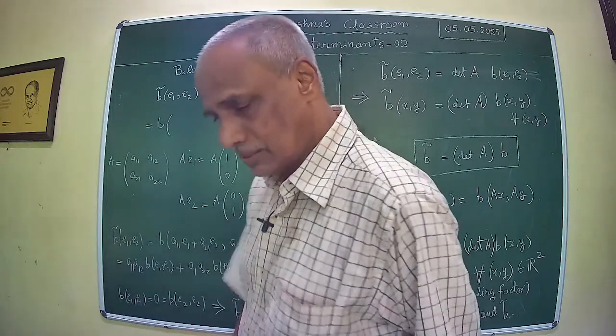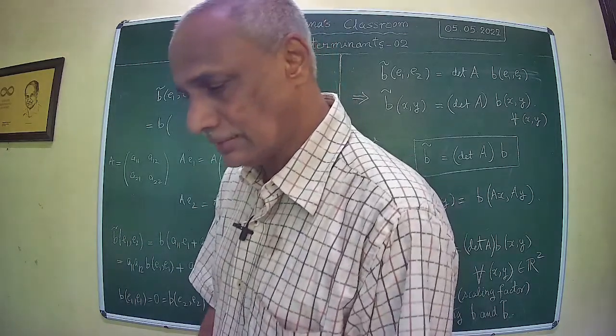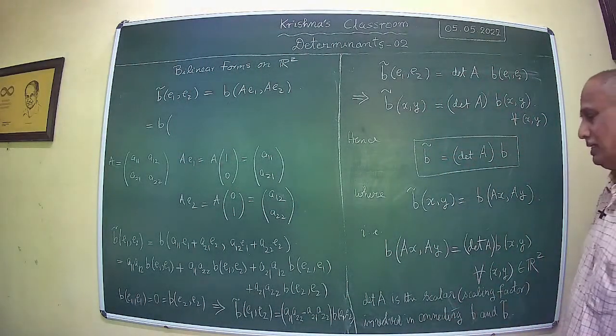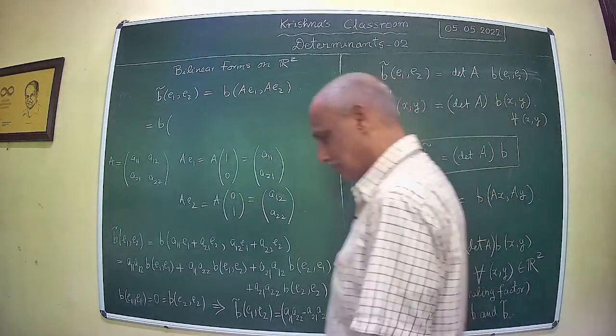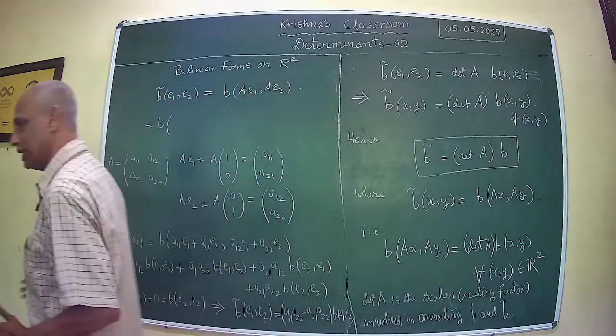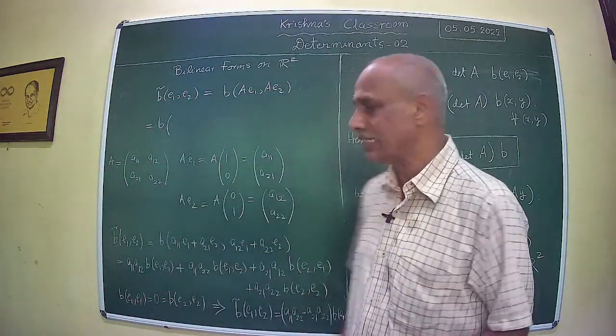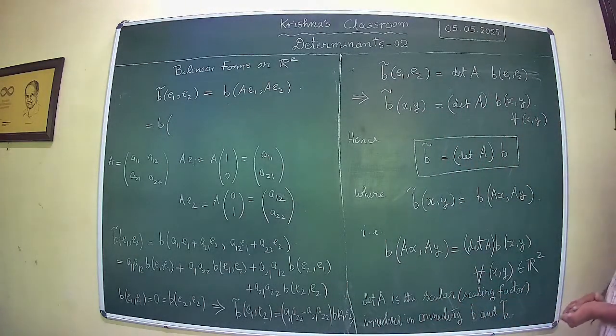Okay, which in a way shows that this is not a freak thing. There is definitely some structure that goes into the making of the determinant. It comes out. So it's a sort of intrinsic number associated with A. That's the important part.